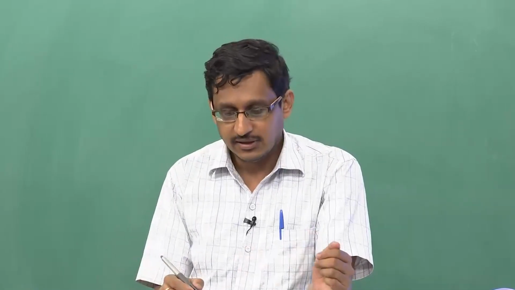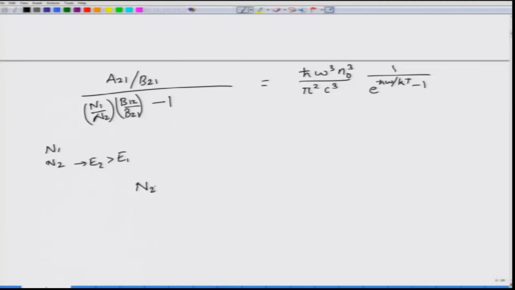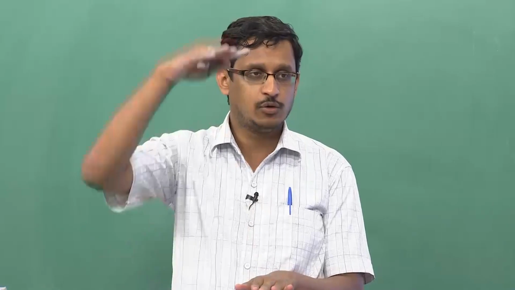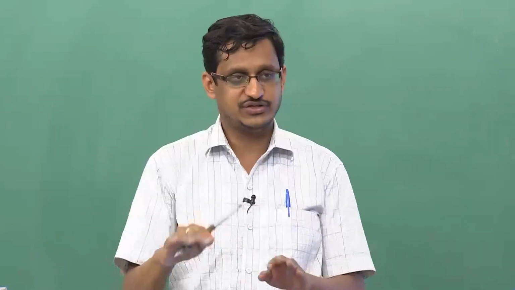The density of the atoms in the higher level, N2, must decay exponentially, and it does so in this particular fashion, where h bar omega is basically delta E. For any energy level difference delta E, it could actually be the air molecules at the beach and the air molecules on the mountain, if the mountain is adjacent to the beach.